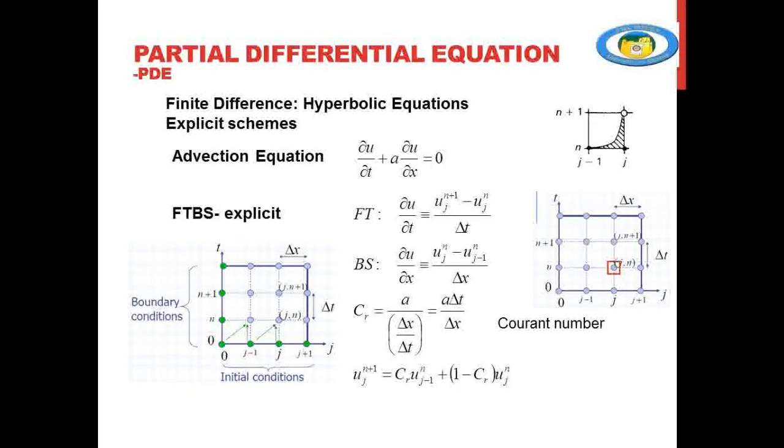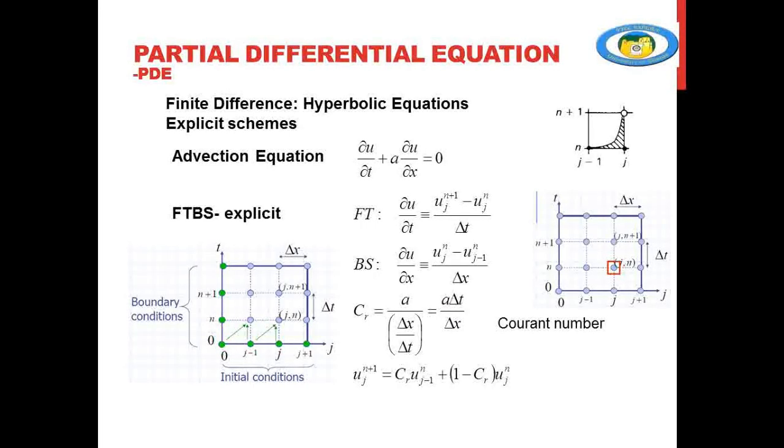You can see the stencil of the finite difference scheme here using values at j and j minus 1 of temporal time n.